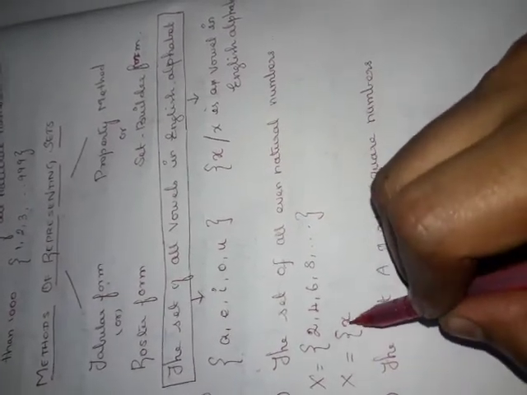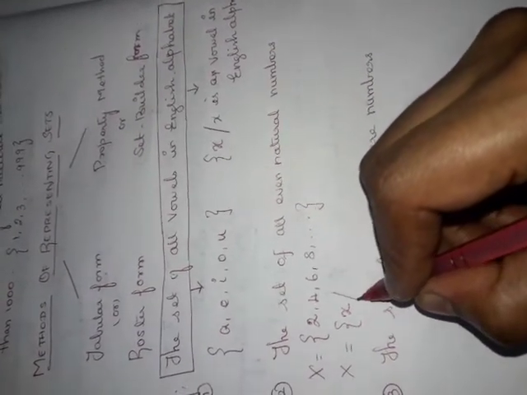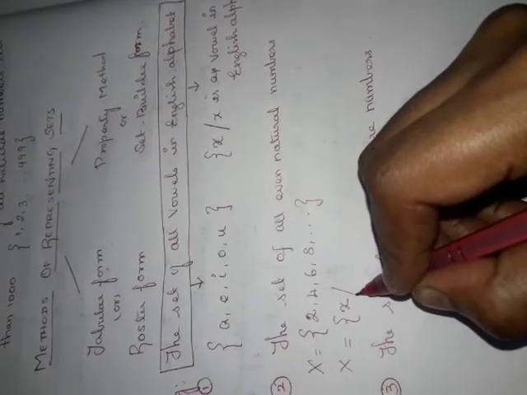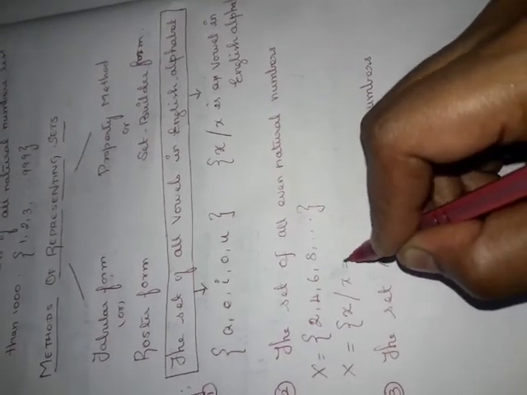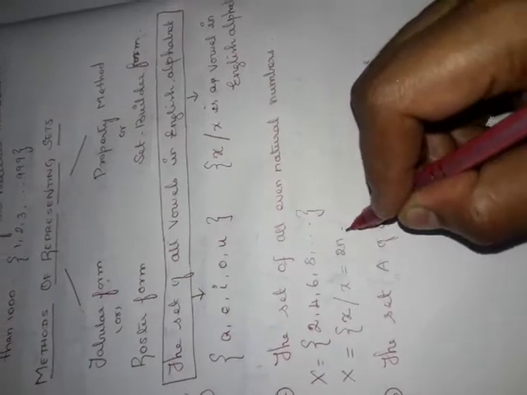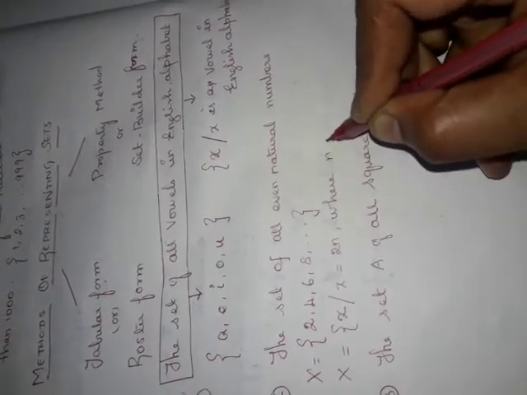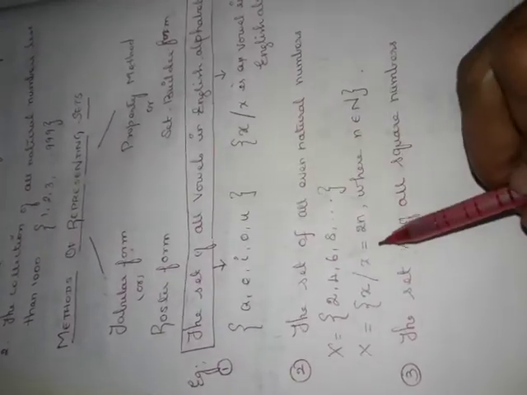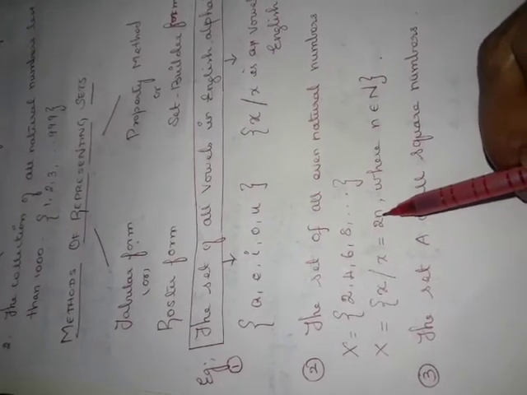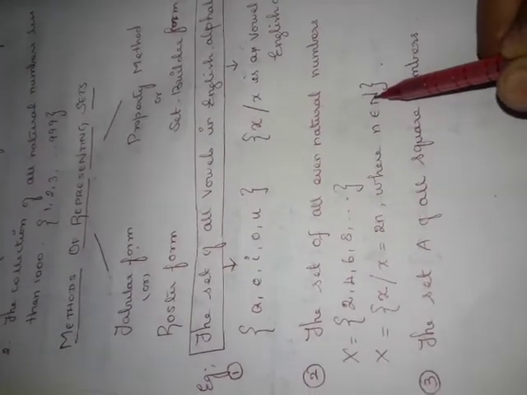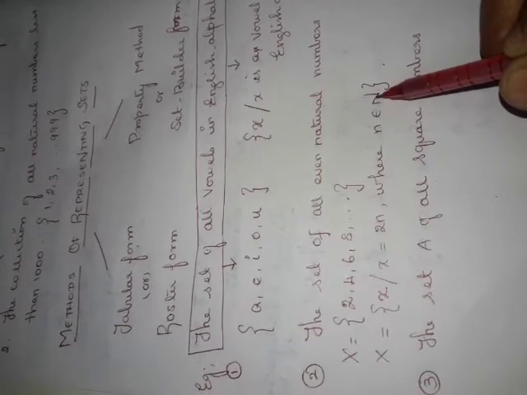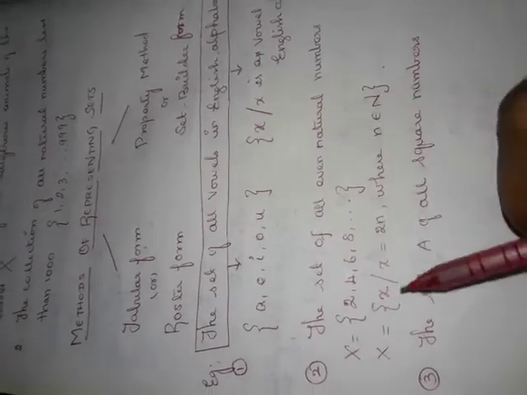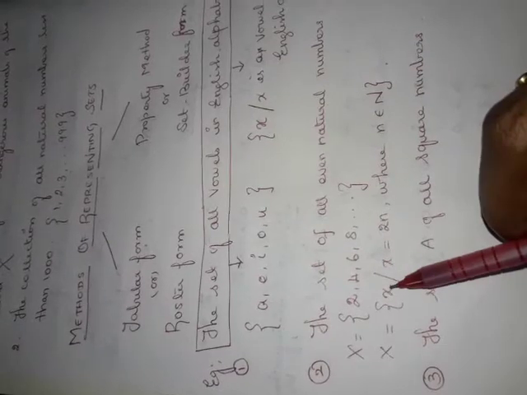So the set of all x such that x is equal to 2n, where n belongs to capital N. Hope you can understand. Since it's an even natural number, we have written x equals 2n. What is the small n? n belongs to capital N. We know very well capital N denotes the natural numbers. So every x in the set is of this form.